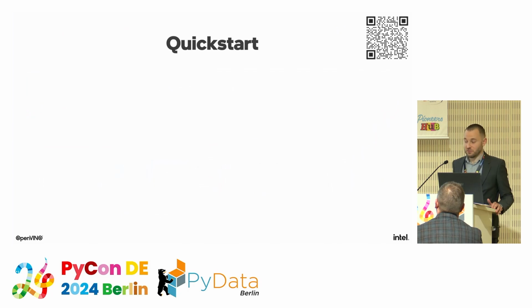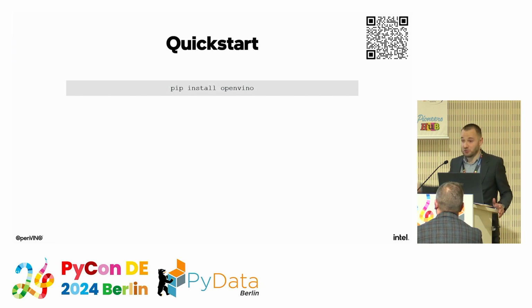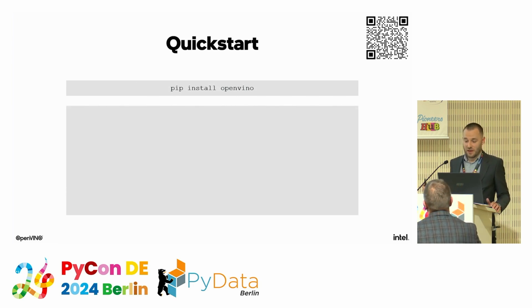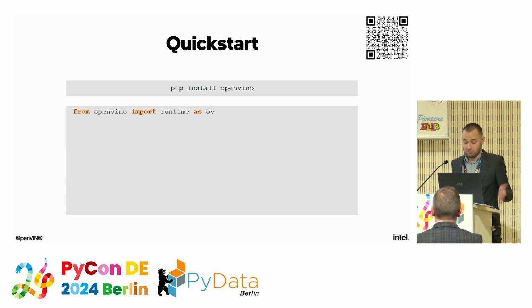And how to use OpenVINO directly. Let's say you don't want to use any other dependency, you would like to just use OpenVINO, so you need to install OpenVINO. This is the first step, of course. And then let's run some code. First, we need to import OpenVINO, then load the image, audio, text, or any data you would like to use for your inference.